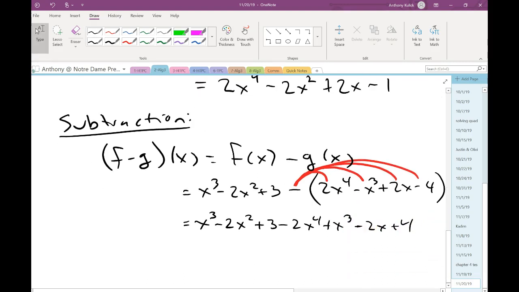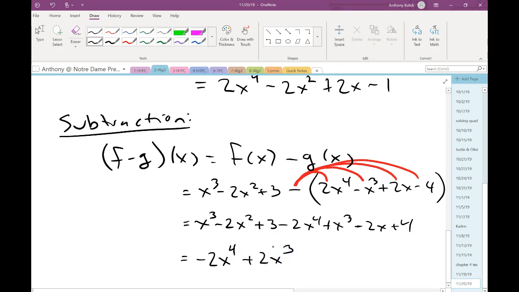And now that I've done that distributing of the negative, now I'm ready to just combine like terms, just like the problem from before. So if I wanted to write my answer in standard form, what monomial comes first? Negative 2x to the fourth is correct. And then what? 2x cubed, or 2x to the third. Very good.